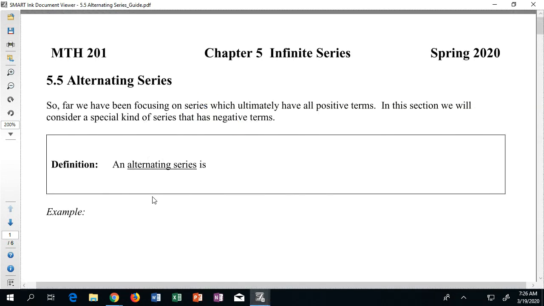So if you take a look back here, we give the alternating series the following definition. An alternating series is a series whose terms are alternating between positive and negative values.